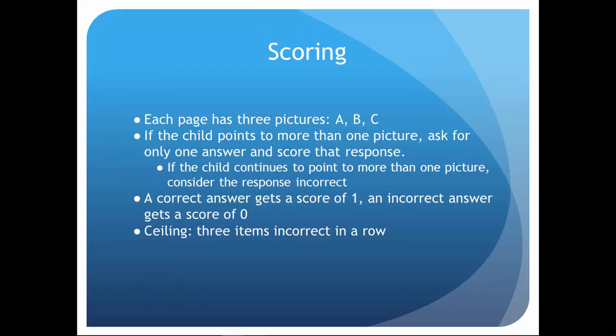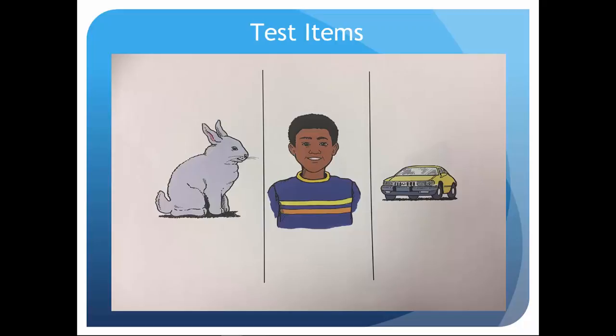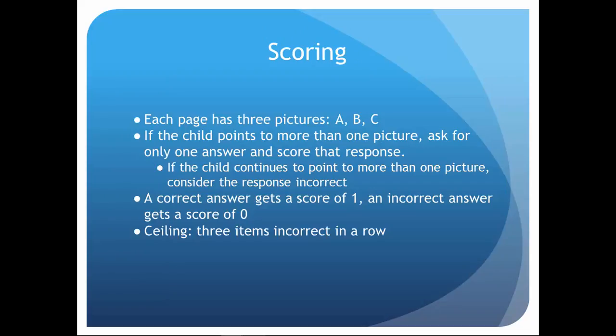Again, those are the test items, as discussed, and each page has 3 pictures on it. Scoring of this test is incorrect or correct. If the child says the correct answer, they get a score of 1. If not, an incorrect answer would have a score of 0.